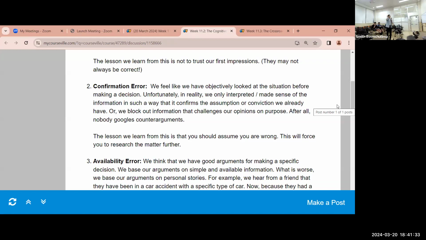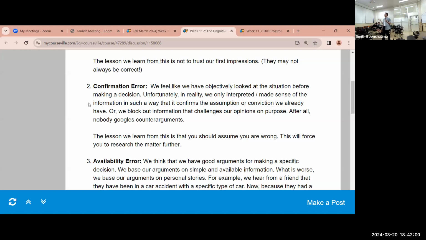Okay, next, the confirmation error. So what is this type of bias? It means that when you believe in something, it's very likely that you will search for information or focus on the information that confirms what you believe.